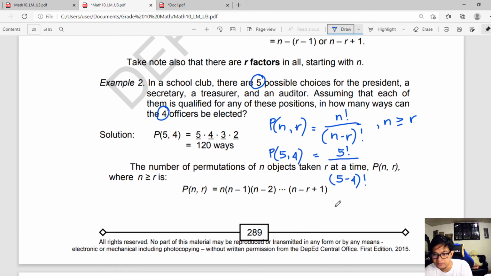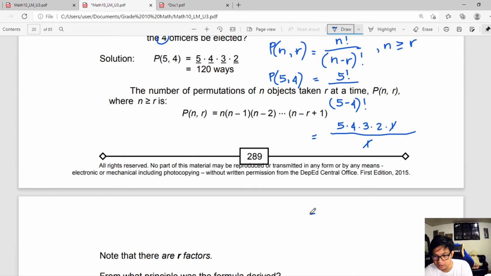So we have, 5 factorial is, di ba sinabi kanina, 5 times 4 times 3 times 2 times 1. And 5 minus 4 is 1. 1 factorial is 1. So ang gagawin natin, cancel itong 1. So ang naiwan na lang, we have 5 times 4 times 3 times 2, which is equal to 120 ways.